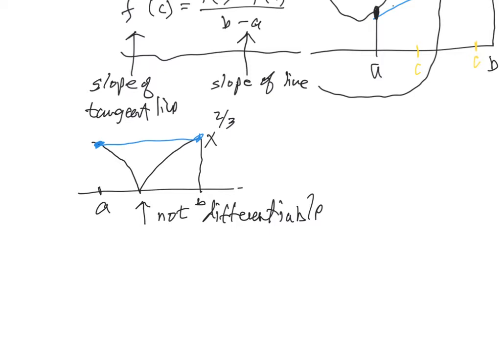And you can see between A and B, there is no place where the tangent line has the same slope as that line. So if we lose differentiability, we may lose the statement of the theorem. I could draw a picture where we still had the statement, but we just can't guarantee it if we don't have both conditions, continuity on the closed interval, differentiable on at least the open interval.